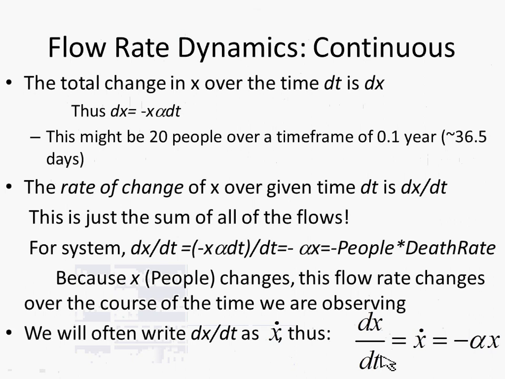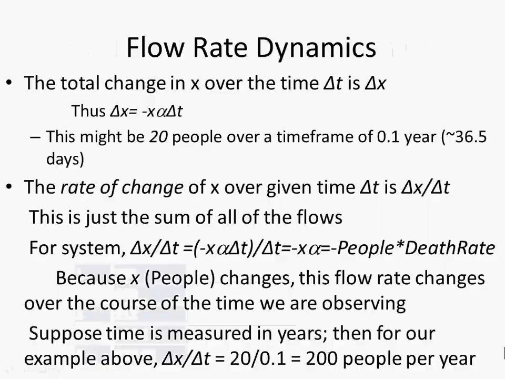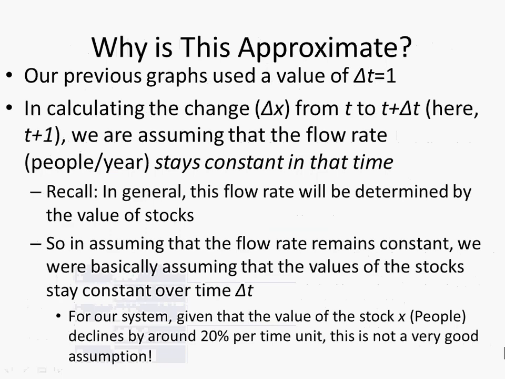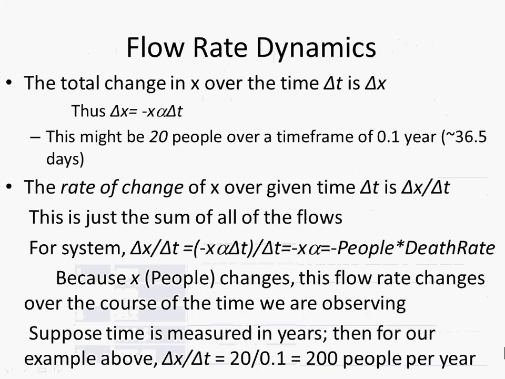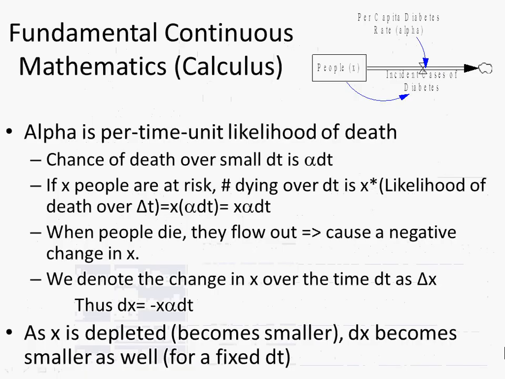The chance of someone leaving in a small unit of time dt, they have this chance alpha per unit time of leaving. Here alpha is 1 over delay. Their chance over a small unit of time dt is alpha times dt. That leads to the basic differential equation that we talked about.